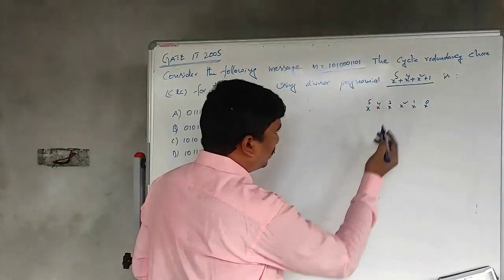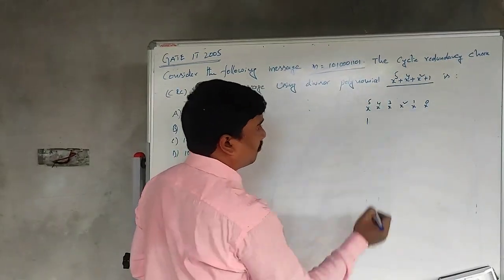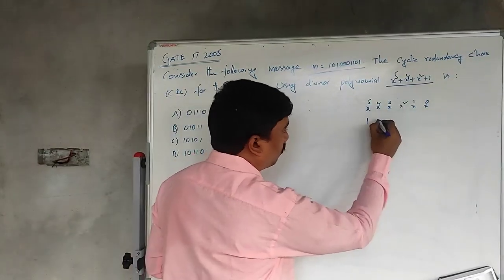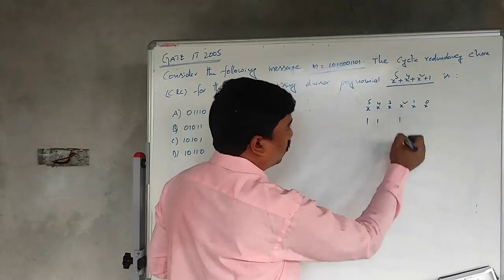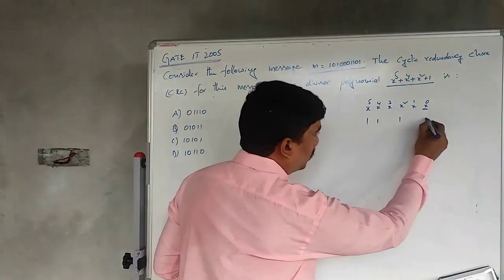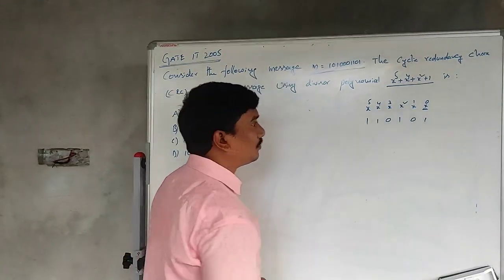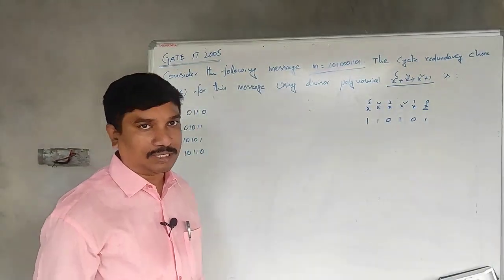In the given divisor polynomial, for x power 5 we put 1, x power 4 is 1, x power 2 is 1, and x power 0 has the value 1, and the remaining are zeros. That is the divisor polynomial.